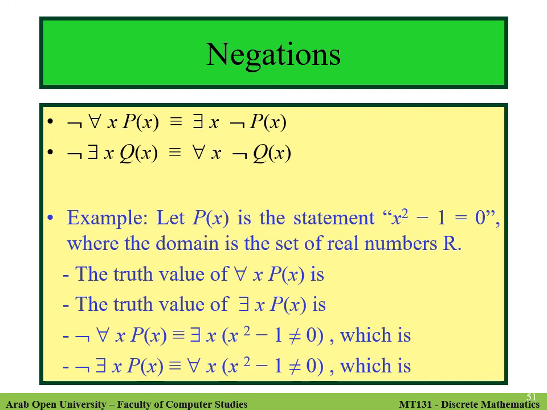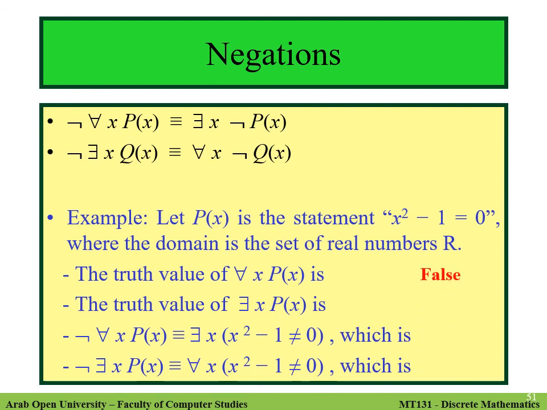Here are examples of using the negation. P of x is the statement x squared minus 1 equals 0. The domain is the set of real numbers. Now, what is the truth value of for all x, P of x? Well, actually, the statement is true only for x equal 1 and x equal minus 1. So the statement for all x, P of x is false.